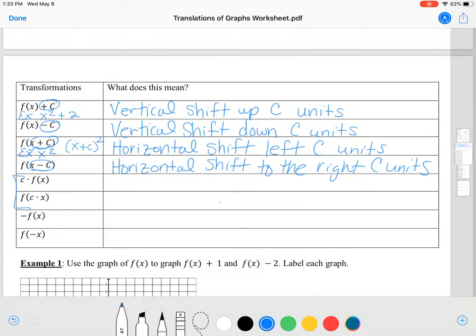So when we are multiplying a value, that means we're doing some kind of a stretch or a shrink. Now when the c or whatever it is that you're multiplying by is being multiplied by the entire function, then that means it's going to be a vertical stretch or shrink.